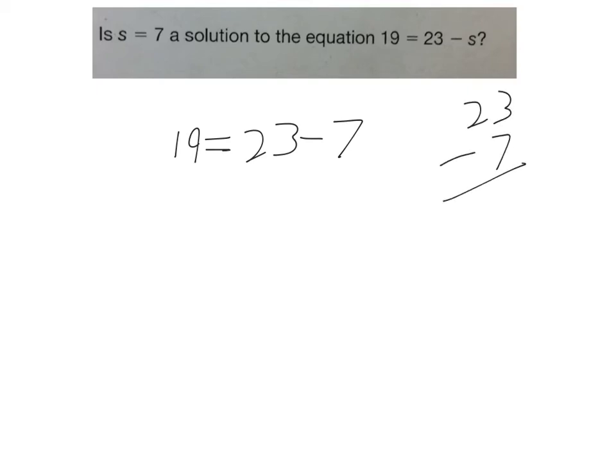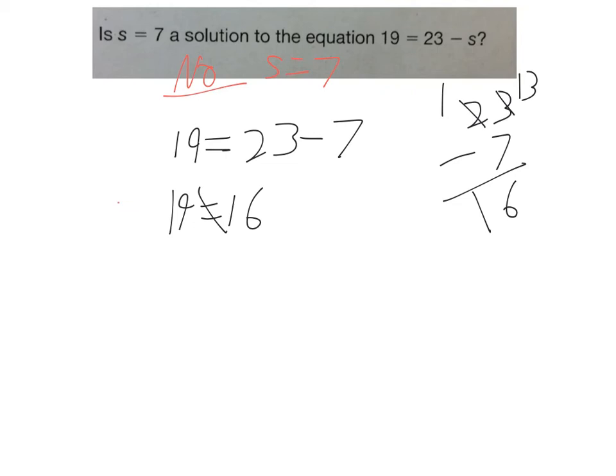I can work that out over here. I get 16. 19 equals 16. That is not true. 19 does not equal 16, meaning that no, s equals 7 is not a solution to the equation.